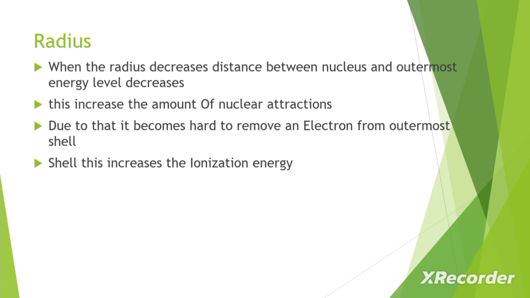In such situations, ionization energy is higher. So we can say that when the radius decreases, ionization energy increases, right? So you should keep in your mind that when the atomic radius or ionic radius becomes low, the ionization energy that we should supply is high.